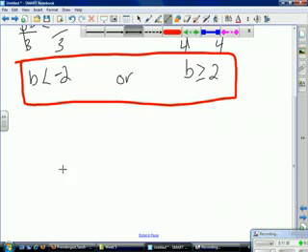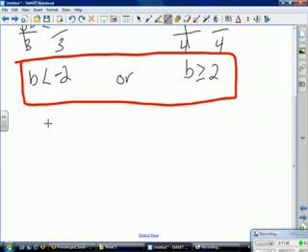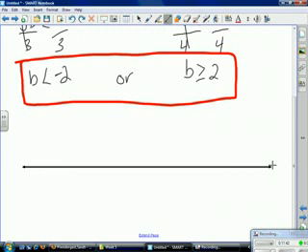Next, you need to graph this inequality. So in your notebooks, please draw a number line that you need to label with an appropriate scale and graph this inequality. I'm going to give you 40 seconds to do that. Go ahead.